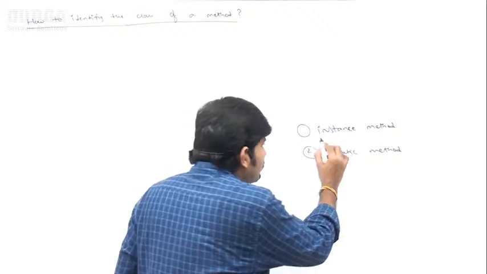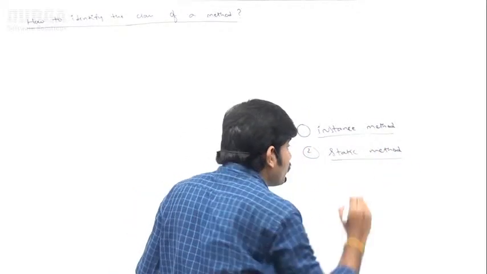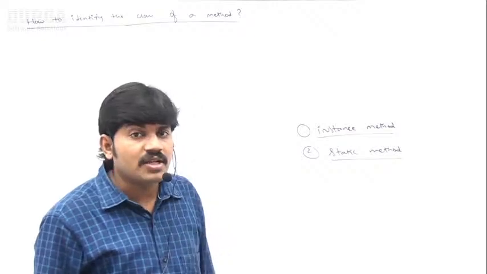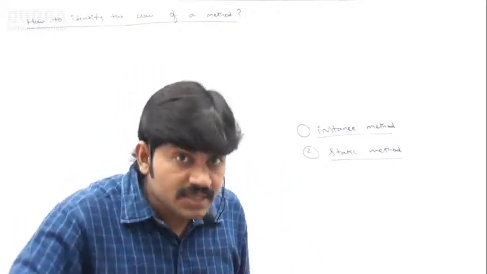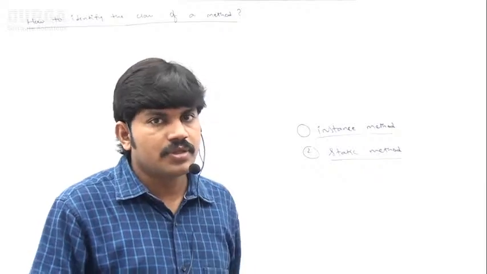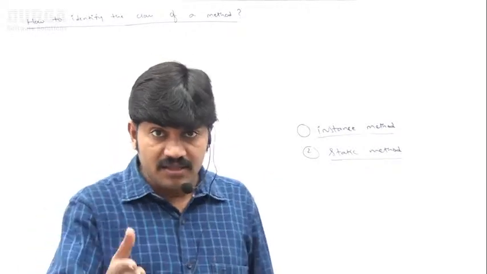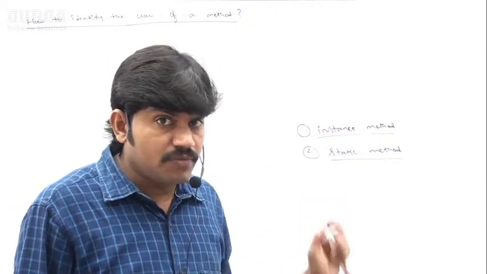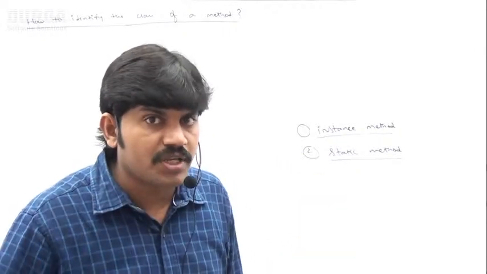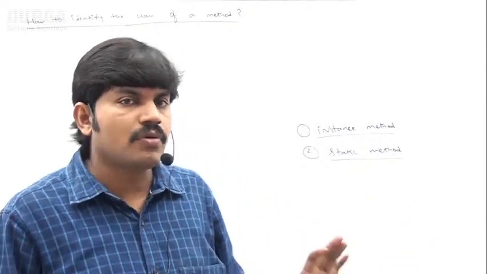The instance method is related to an object, and the static method is related to a class. Remember, a static method always talks about the class, never about a particular object. An instance method always talks about a particular object only. In my core Java classes, in the SCJP videos, I explained this, so go through those videos for more clarity on when to use an instance method and when to use a static method.